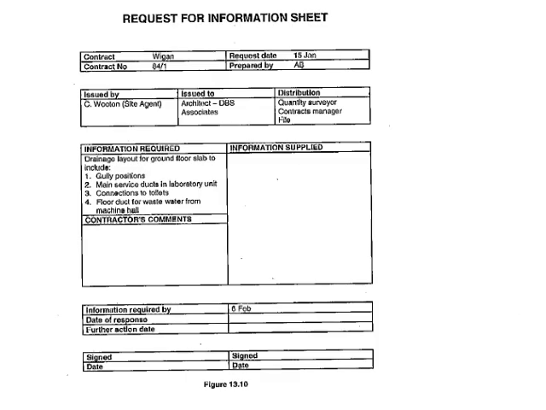Okay, then the breakdown. Your request for information sheet has the contract, the basic contract information. Then you get the information required by who, to whom, and issued to whom. So the information required, and then you've got places where the information, when it's actually supplied, is to be filled in.